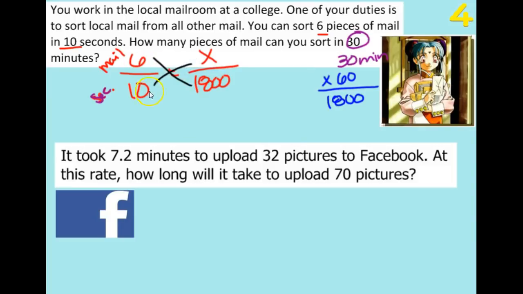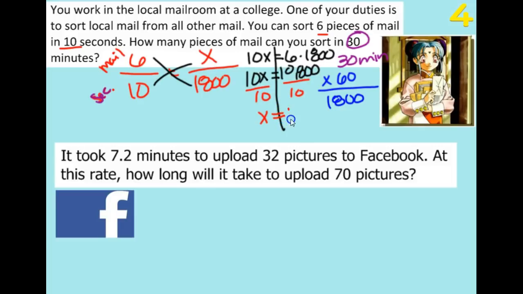So cross multiply, 10 times x is 10x. 6 times 1,800, I'm going to plug that in my calculator. 6 times 1,800 is 10,800 equal to 10x. And then to get x by itself, I'm going to divide by 10. If I divide by 10, that's really moving 1 decimal place, which is 1080.